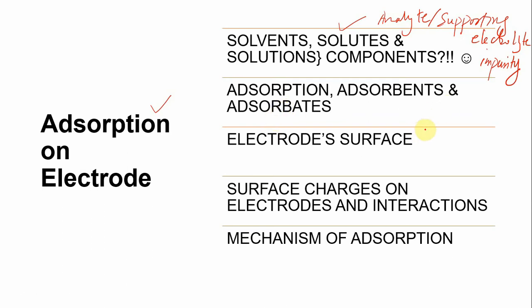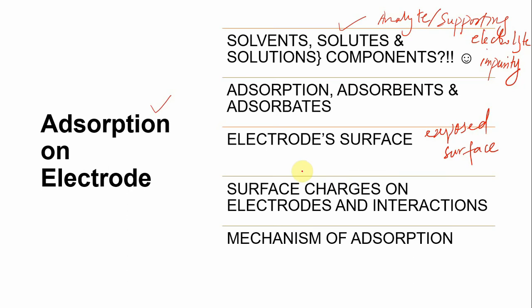Now the electrode surface is important. The electrode surface is actually the exposed surface. When the electrode is just immersed in a solution and there is no charge due to the external power supply, there could be some inherent surface charges on the electrode surface.